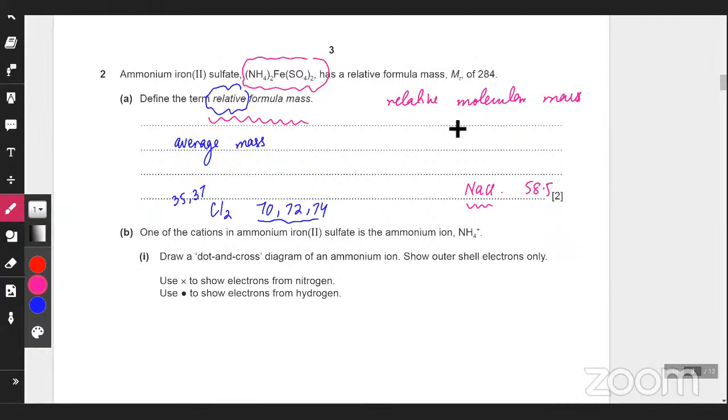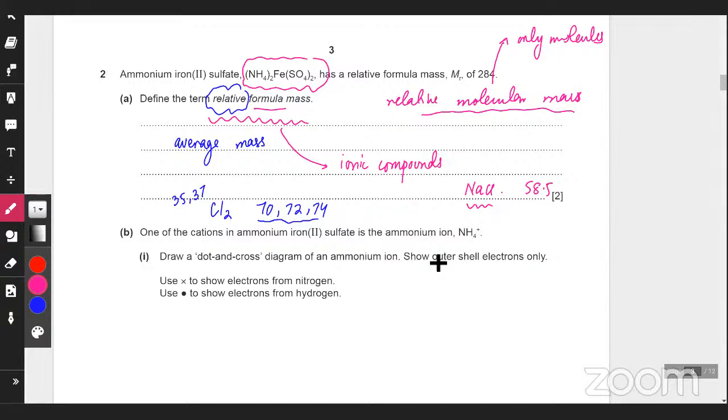So just a few things about this. Relative molecular mass, because people tend to mix things up, is only for molecules, remember that. Simple covalent molecules. Formula mass pretty much means the same thing, but that is usually reserved for ionic compounds.